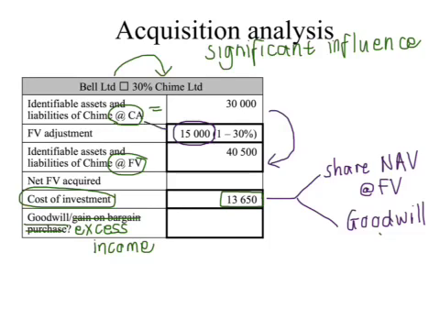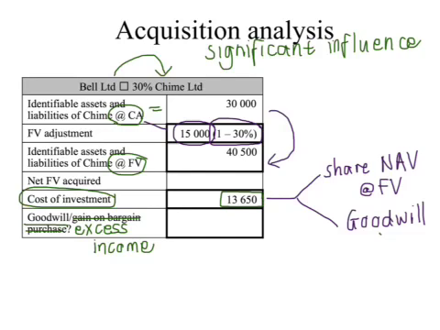And we bring that adjustment into our acquisition analysis calculation. The fair value adjustment is made after tax. In our further calculations, we're going to work with the profit figure after tax. So all the adjustments that we make, we do on an after-tax basis.